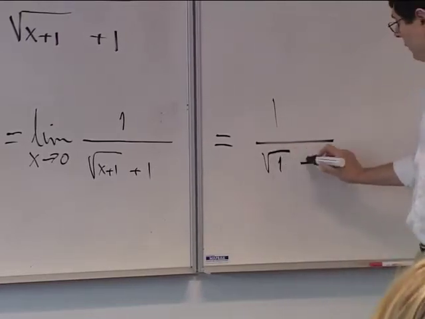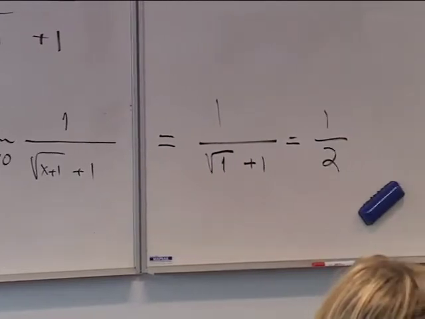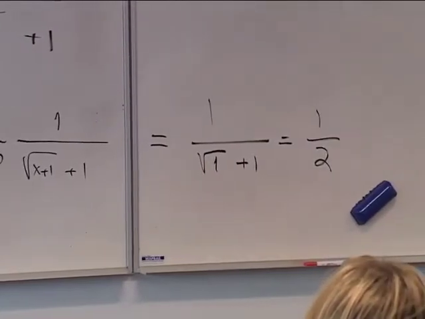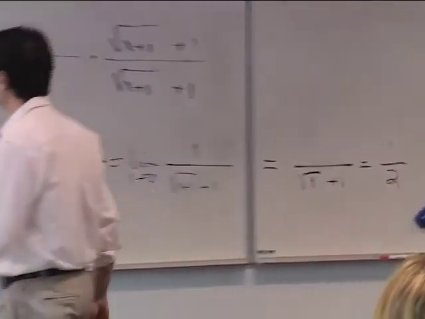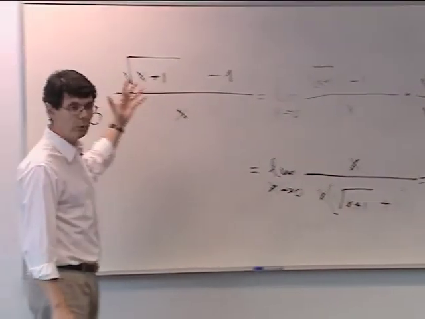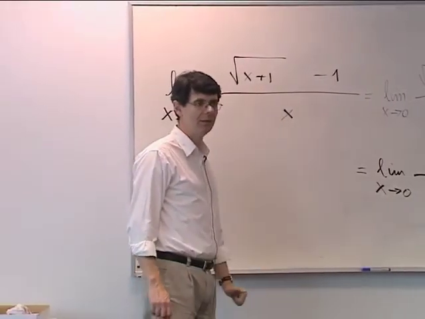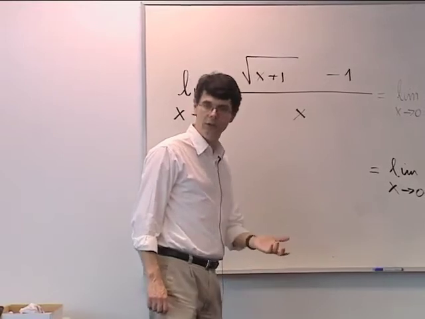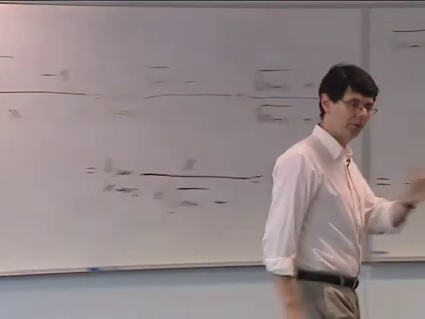Square root of 1 plus 1, which is 1 divided by 2, 1/2. And now, if you could see that it was 1/2 from here, congratulations. But I couldn't. I knew it was 1/2 because I've done this before I came to class.